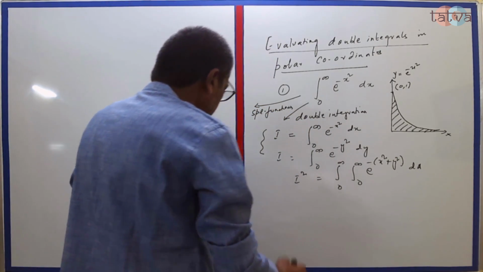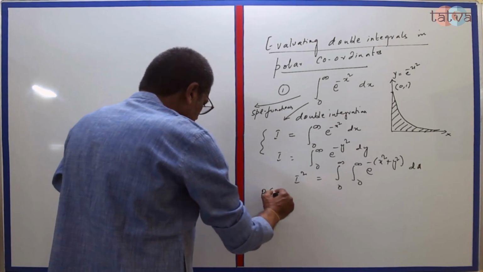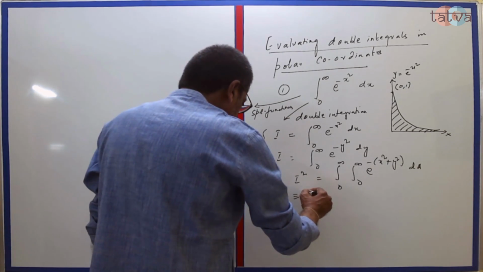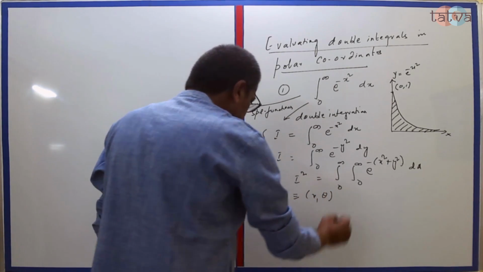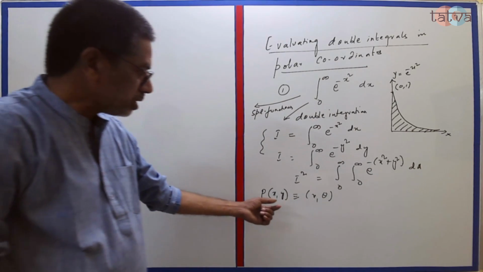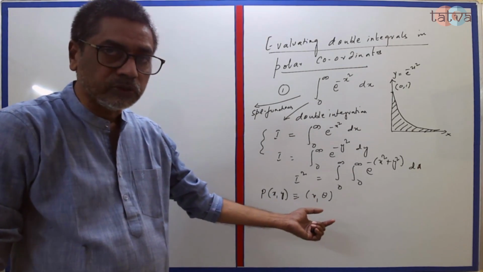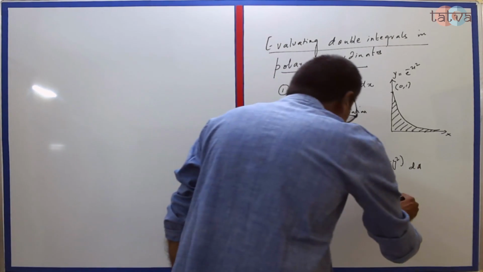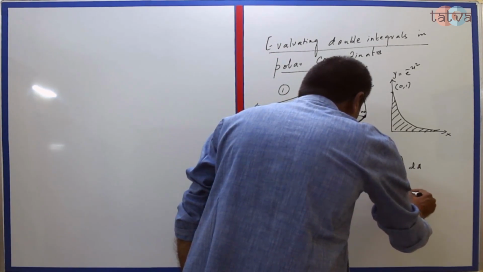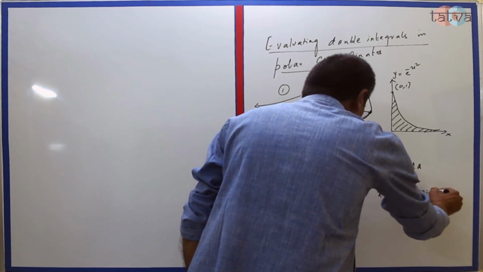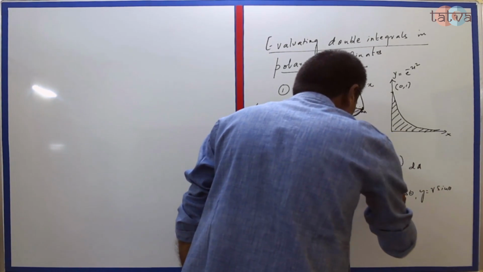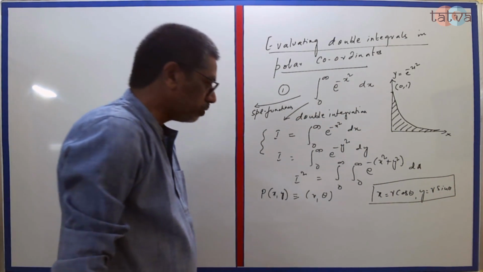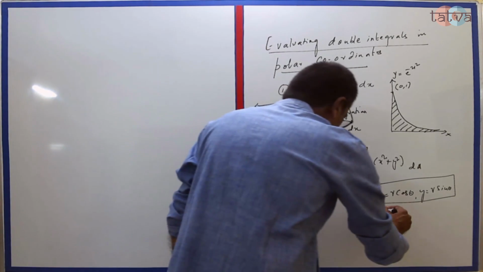You know, a point P with Cartesian coordinates x, y can also be given polar coordinates r theta, where there is a pair of transformation equations connecting these two variables that I've already explained in my presentation. The transformation equations are x is equal to r cos theta, y is equal to r sin theta. This looks a very appropriate choice.